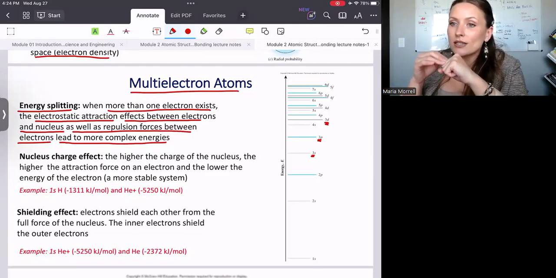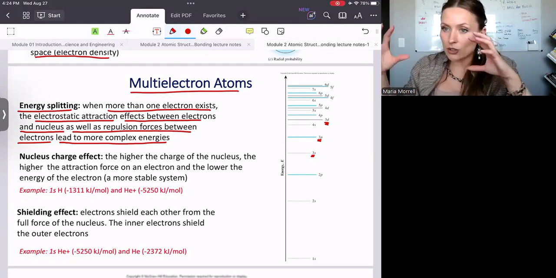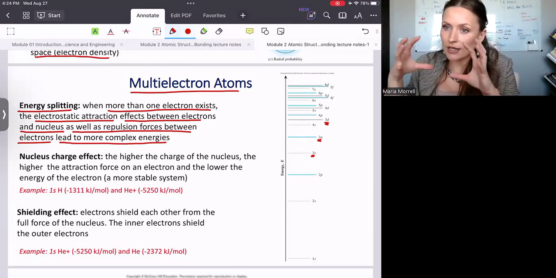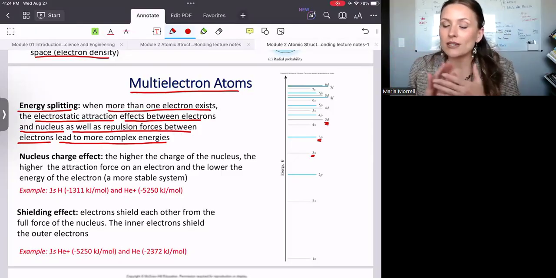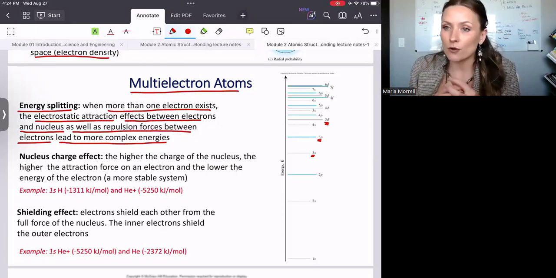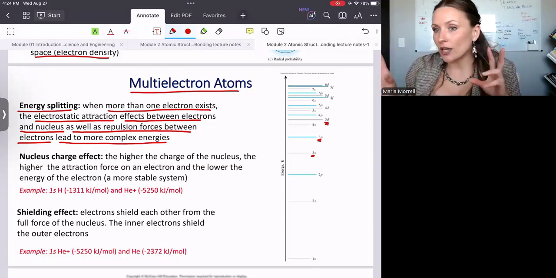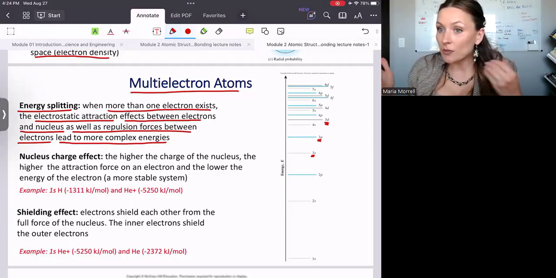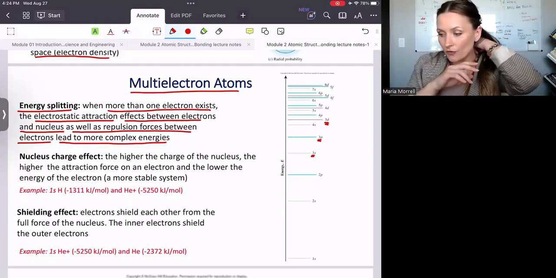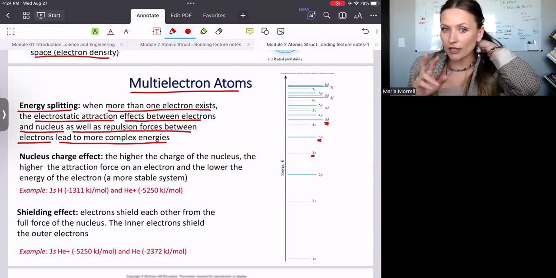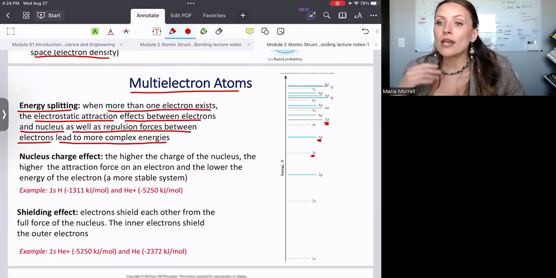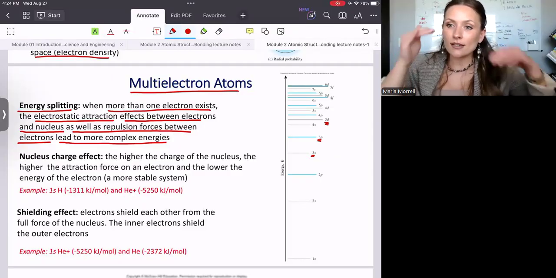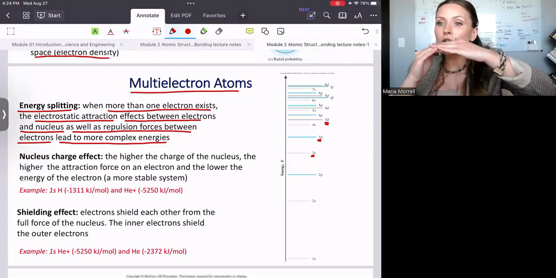The nucleus is positively charged, so of course there's going to be electrostatic attraction between the electrons and the nucleus, right? And that's how the atom is held together. But at the same time, if you have more than one electron, there will also be repulsive forces between negatively charged electrons. Why? Because they have the same charge, they tend to repel, right? Because of these two coexisting, the electrostatic attraction and electrostatic repulsion, we observe this energy splitting into more complex energies.